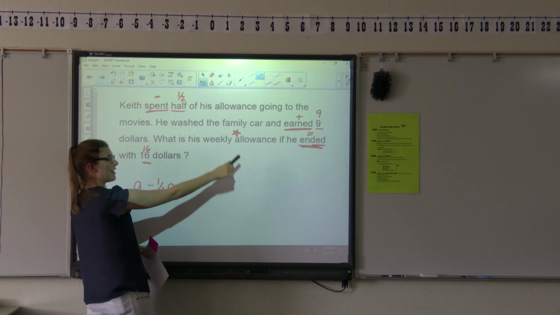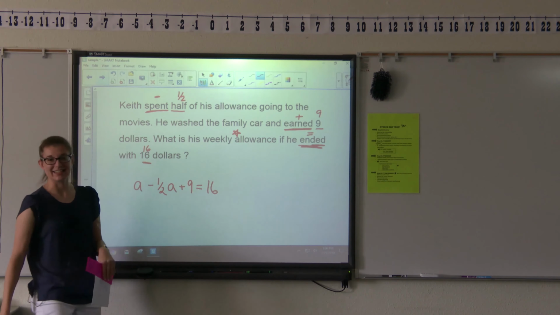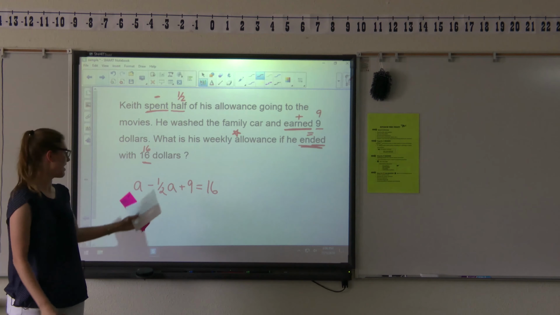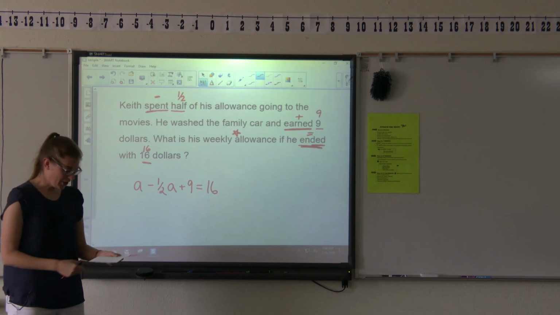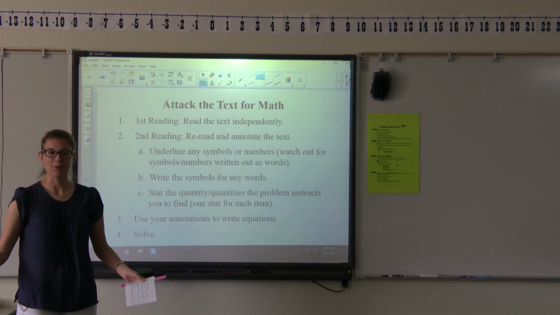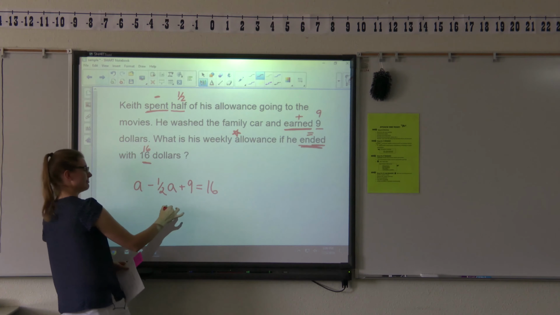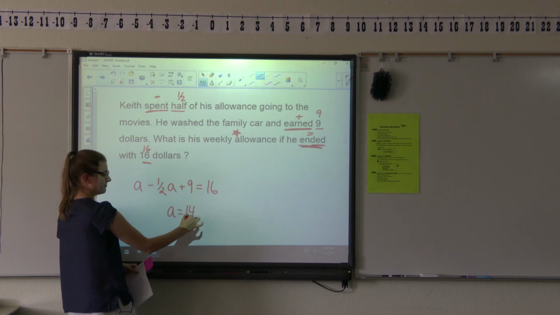What is his weekly allowance if he ended with $16? And now they have an equation they can solve. So step 4, they do go ahead and solve that. I won't bother going through that here. Punchline is A equals 14.